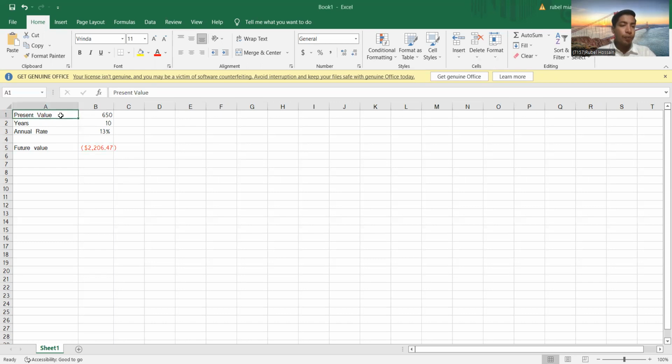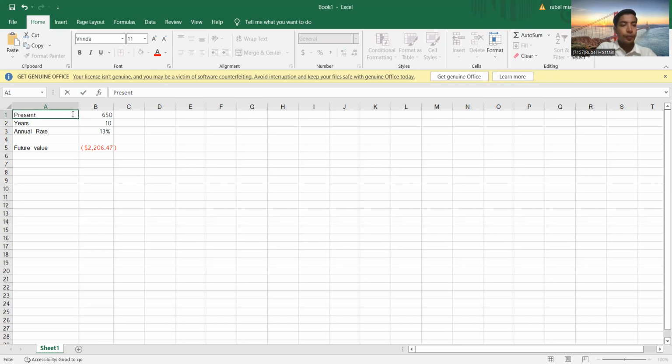So first of all, I have to write present value. Here you can say present value. So if I erase, then I have taken it right. Just to see the ways from the beginning, that's why I'm writing again. At first I have to write present value.